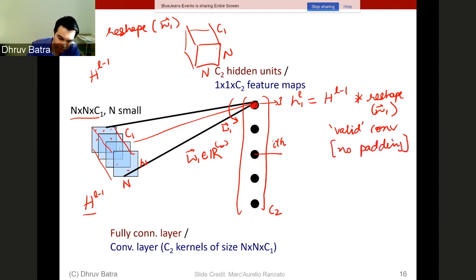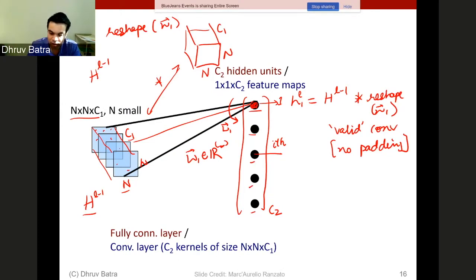So if you take an n by C1 object and you perform a convolution with another n by C1 object, there is only one placement of those two tensors that is valid. You will just place those two tensors on top of each other, multiply every corresponding element, and add them together. That will give you the scalar, and then you just repeat this for every single scalar in this vector.